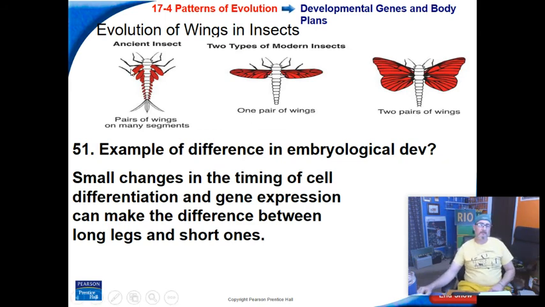So you can see that the body structure of these three organisms is very, very similar. But you can see a distinct difference in the size and shape of these wings. And that can happen in a single generation of organisms.